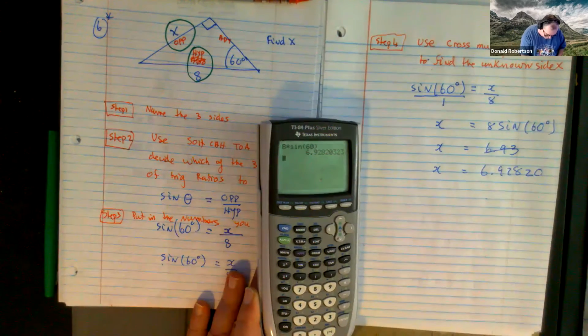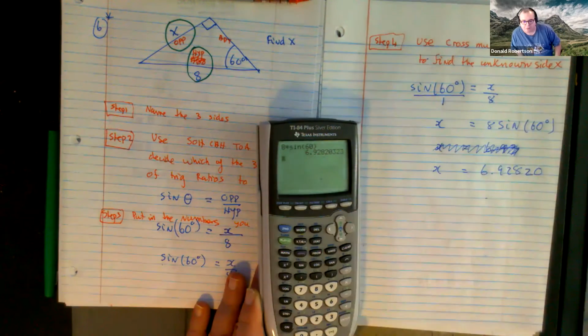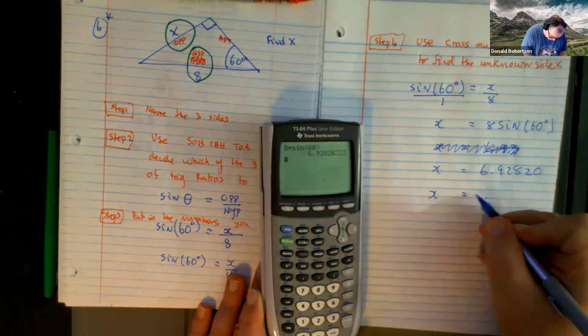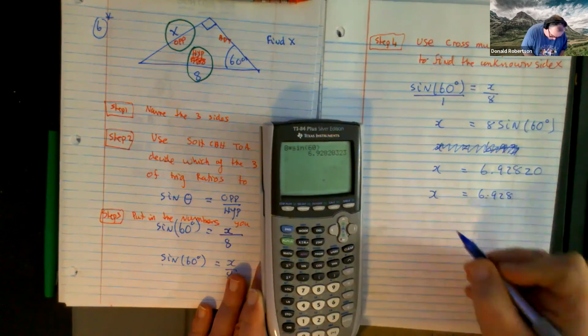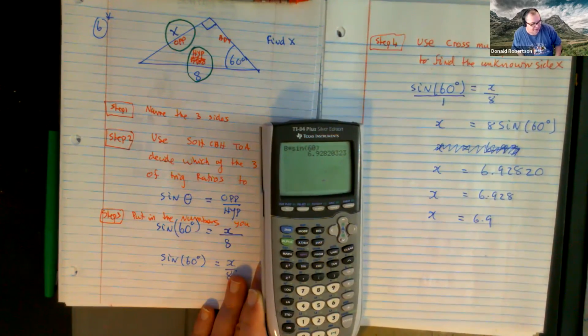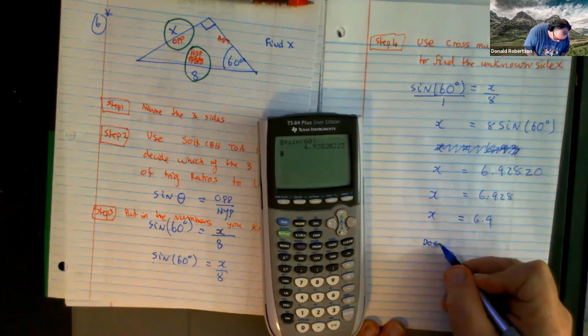So if the question said, give me the missing side to 5 decimal places, I'd write that. If it said 3 decimal places, it would be that. If it said 1 decimal place, doesn't it depend on what they ask? So make sure you read it. But sometimes it doesn't tell you.